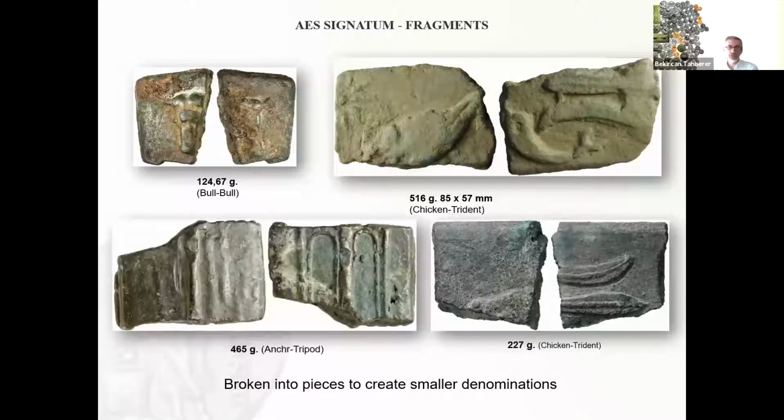And all the known types that we see here, the bull type and the chicken trident type, anchor tripod type, and again, chicken trident type. Now, the strength of this city, rather enigmatic city, even though we know Rome very well, it is still an enigmatic city. And the strength, to many scholars, is the war economy and the army of citizens.